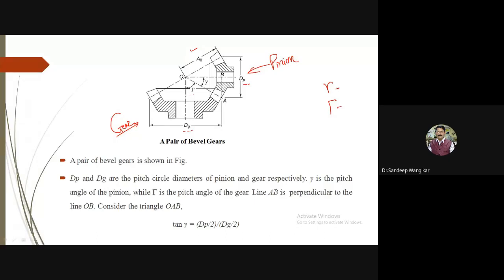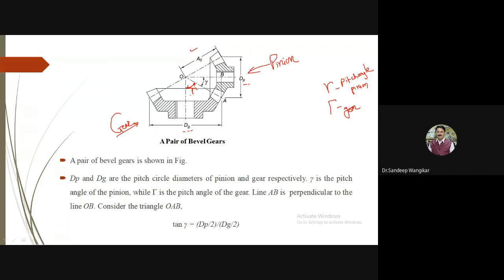As per our standard convention, this small gamma is the pitch angle for the pinion, and this is the pitch angle for the gear. You can see it clearly in the diagram, shown by this symbol.